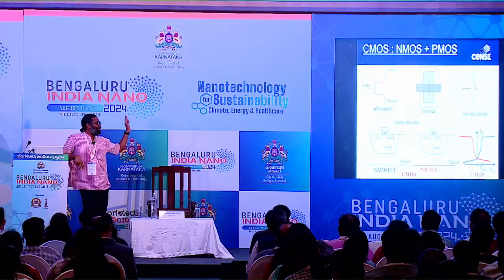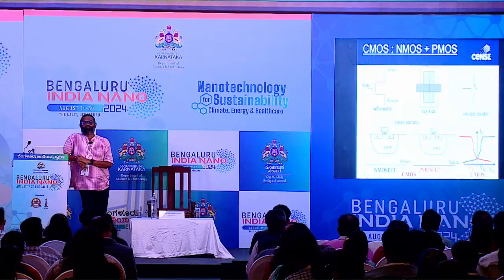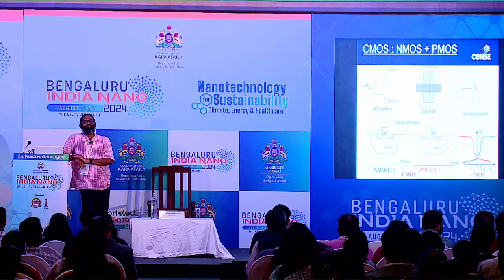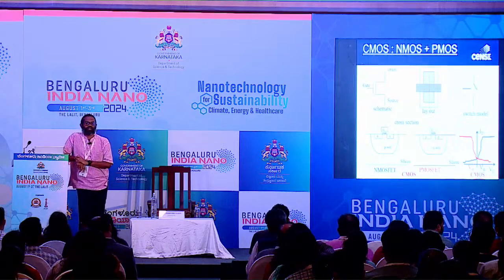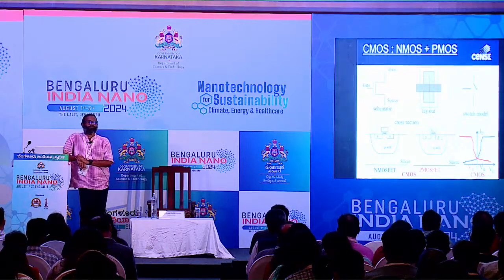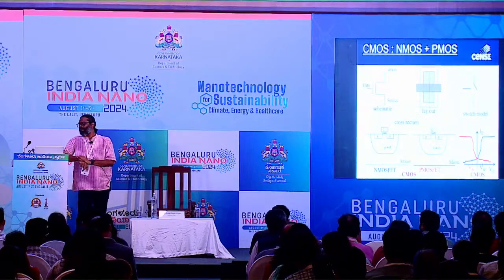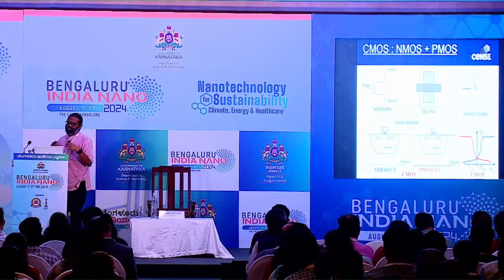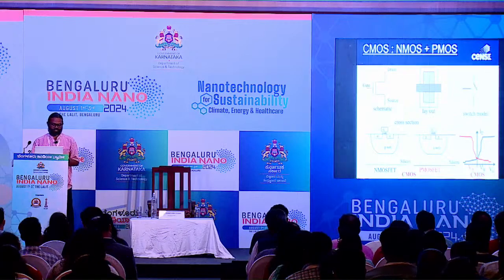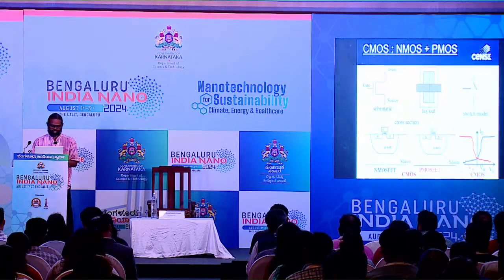So we are talking about transistors that are much smaller, probably about 10,000 times smaller, to start with. So it becomes very small. That means you need to reduce the size of these transistors. And how do we do that is the question here.